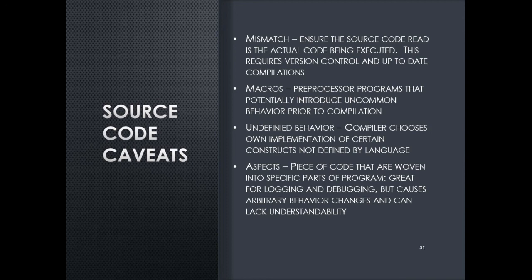And then the last piece of this, which we will get into more in the next chapter, is aspects, which is a piece of code that's woven into certain parts of the program, which really are a nice tool, useful for logging and debugging. However, it does introduce some arbitrary behaviors, and that can create some lack of understandability in the analysis of the code.